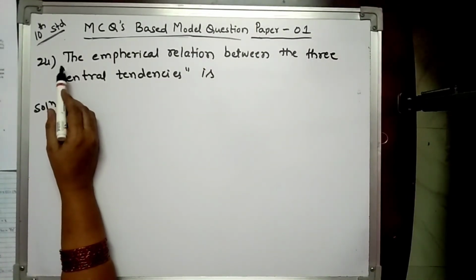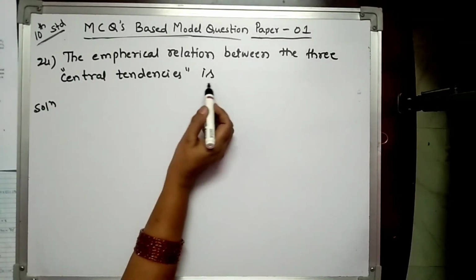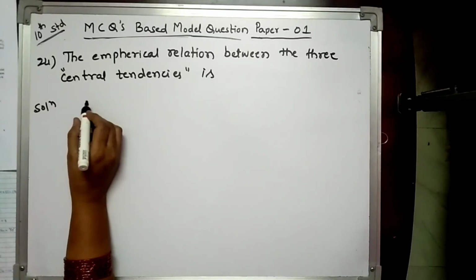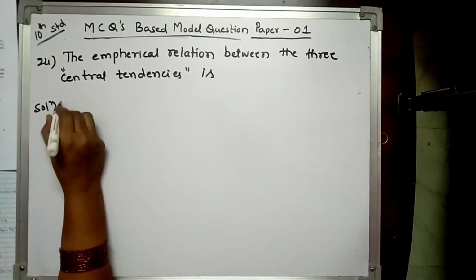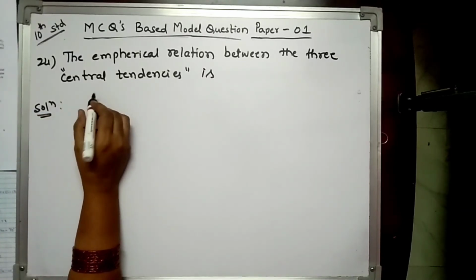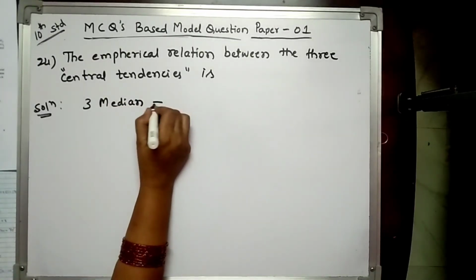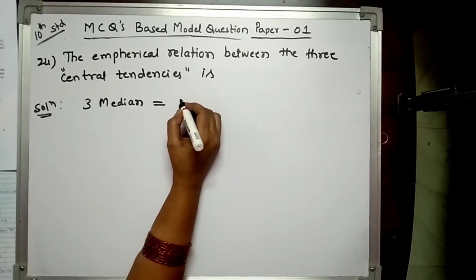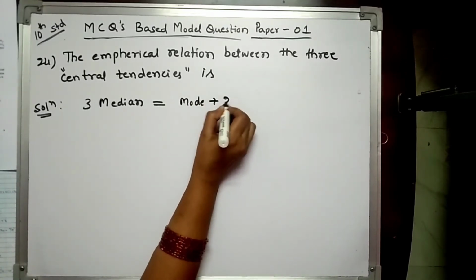Question number 24. The empirical relation between the 3 central tendencies, that is the relation between mean, median and mode, they are asking. The formula is 3 median is equal to mode plus 2 mean.